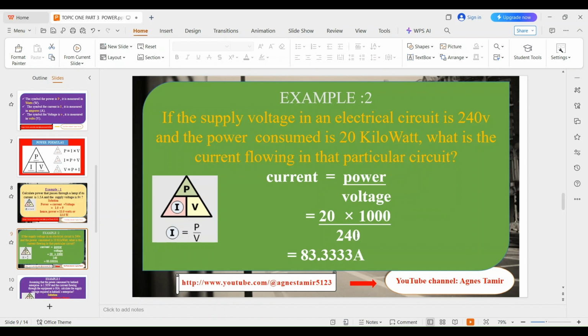Always remember to write your answer to 4 decimal places. And don't forget to write the SI unit for the quantity asked. Our case is asking for current, and the SI unit for current is amperes, abbreviated as capital A.